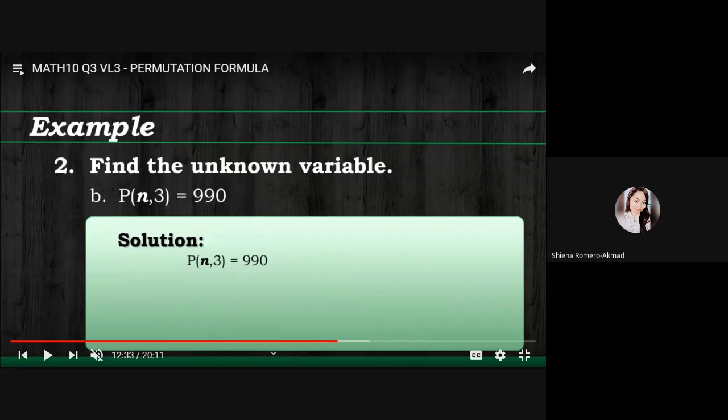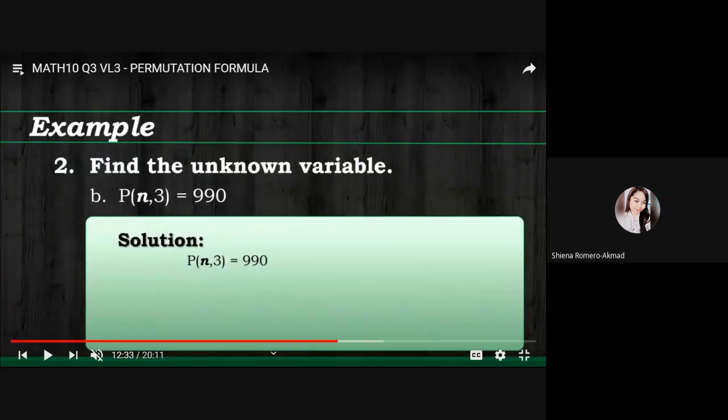Ito yung R natin. And since that is equal to 990, all we have to do is to solve for N. Remember, N ang isosolve natin dito. So we have N factorial divided by N minus 3 factorial equals 990.